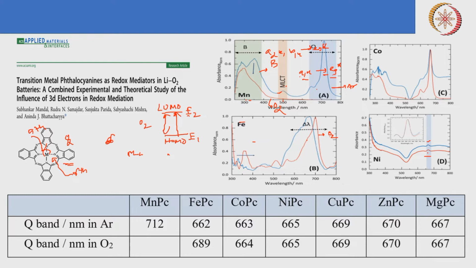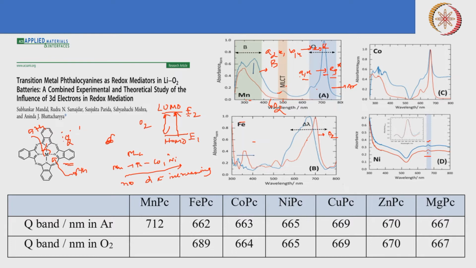Okay, but in the case of cobalt and nickel, you can see there is no such effect, because how the oxygen is coordinating with the metal center depends on the change of the HOMO and LUMO. So for cobalt and nickel it is not shifting, because as we are going from manganese to iron to cobalt or nickel, the number of d electrons is increasing.